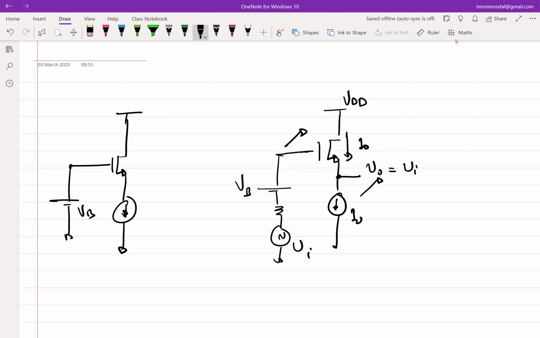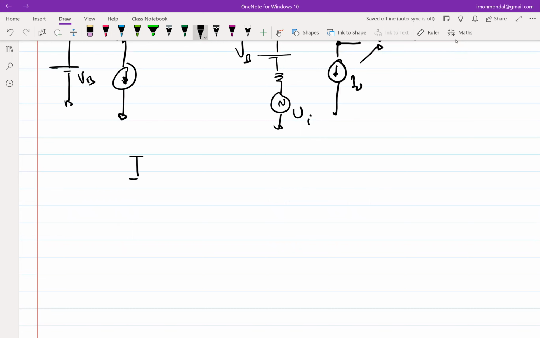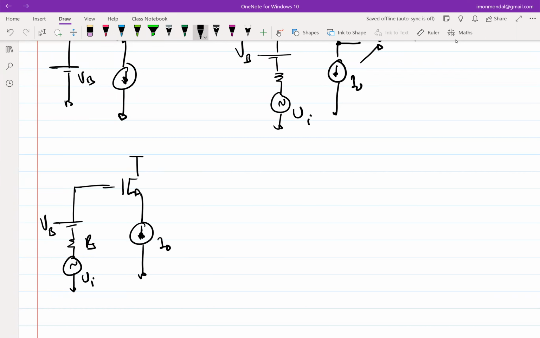But then we went ahead and said, let's say I have a resistance RL and I want to connect it to this node V0.